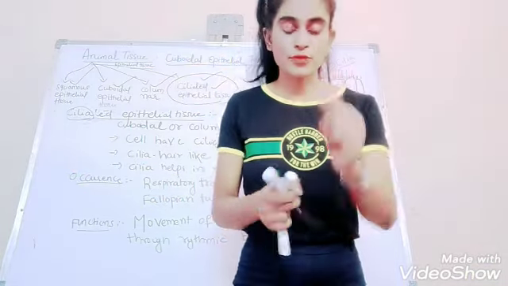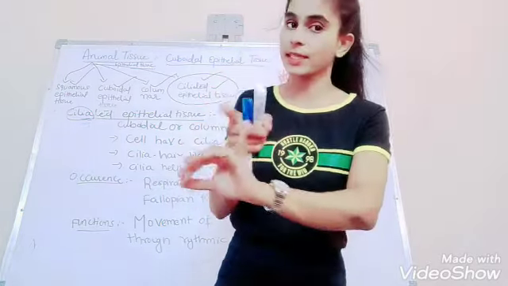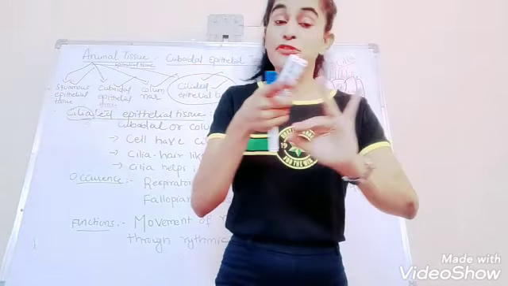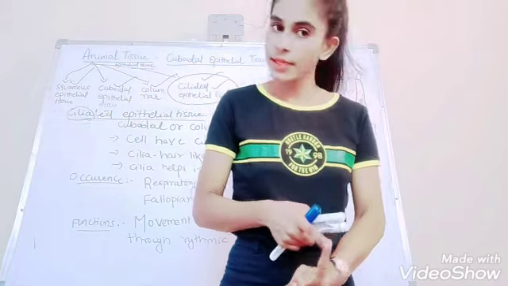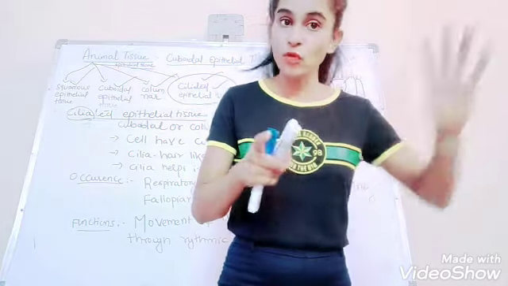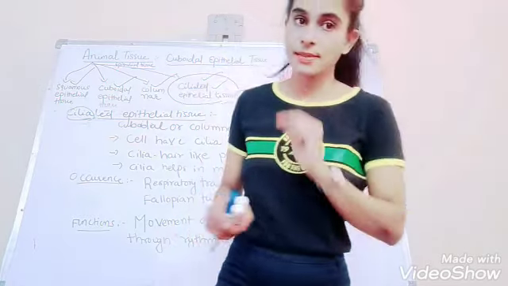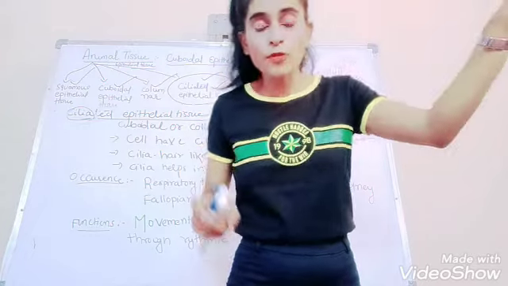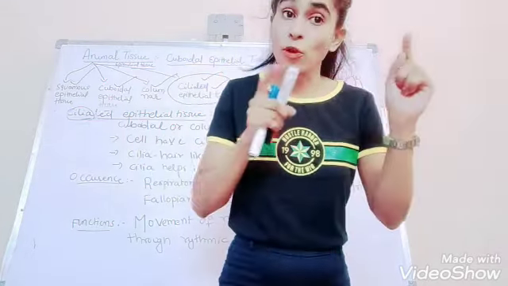Understood? First of all, remember the fallopian tubule is a part of the female reproductive structure. The female reproductive structure has a pair of ovaries. Third point, ovaries produce eggs, but the egg needs to reach the uterus. So from ovary to uterus, a tube is connected.